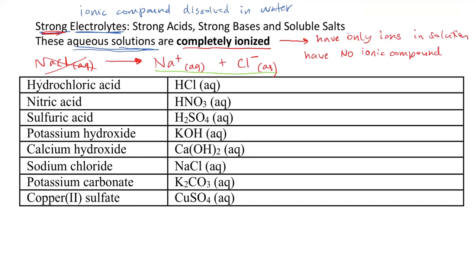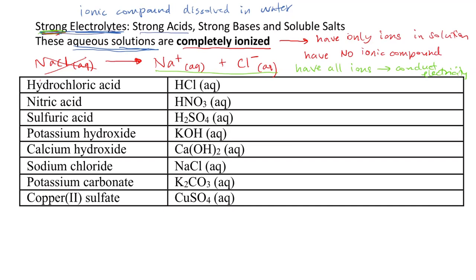And that's why the electrolyte is a strong electrolyte, because you have all ions. And those ions can conduct electricity. Okay, so when you have all ions, you have a lot of electricity conducted, you're going to have a lot of light.